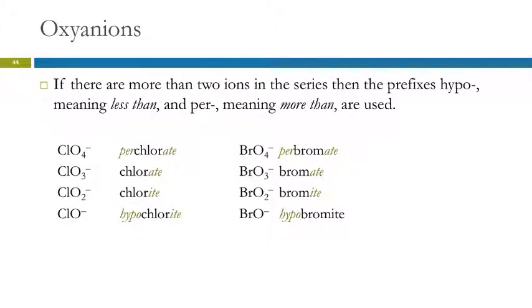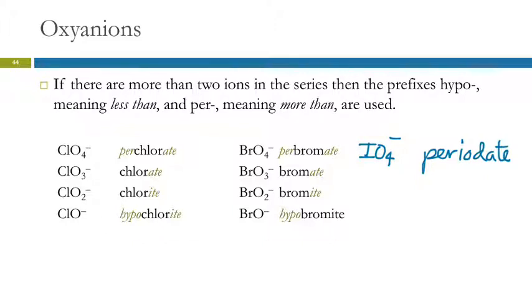So guess what the formula for periodate is? IO4 minus. The same as perbromate, the same ratio and charge. Perchlorate, all we do is change that element. Chlorine, bromine, iodine, and then that shows up in the middle of the name.